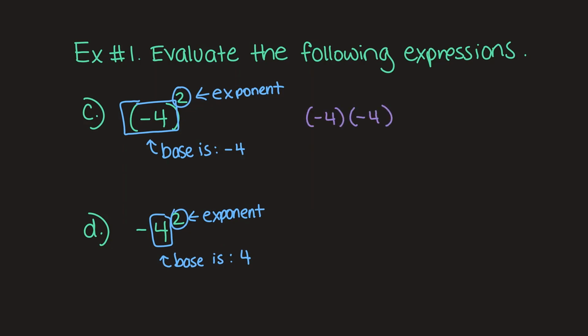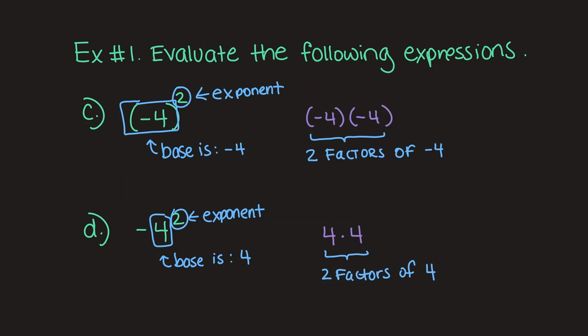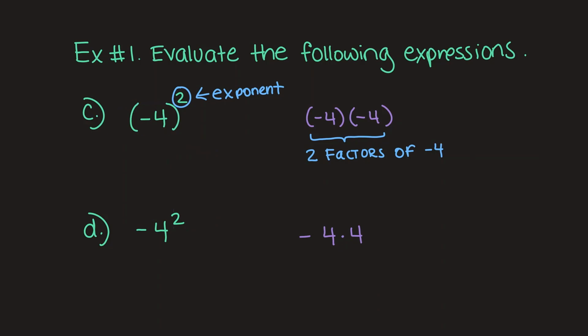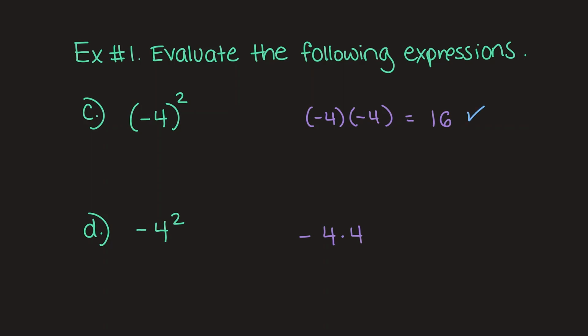So for the first expression, we will have 2 factors of our base, -4, whereas for the second expression, we will have 2 factors of our base, 4, and then we just bring in this negative that is on the outside. So to simplify the first expression, we will multiply -4 times -4, which is +16. And the other expression will simplify to -16.